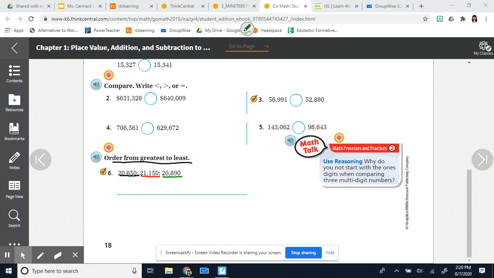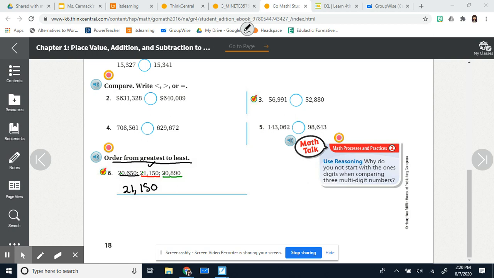All right, so I can already see I have a 20 and a 20 and then a 21. So I know this one will probably be the biggest, 21,150. So I'm going to put a little check mark above it to say that we're done with it.